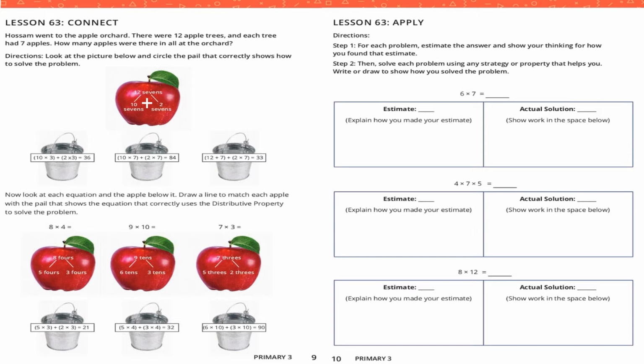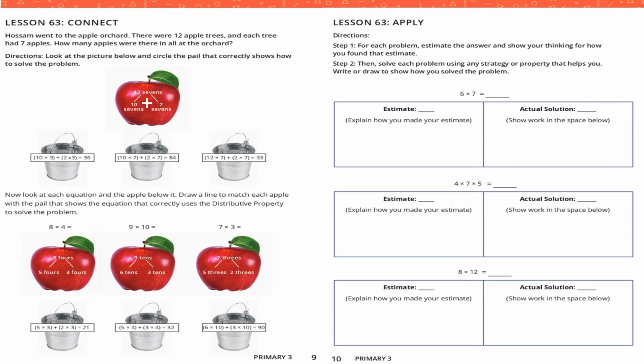We have here 12 apple trees. Each tree contains 7 apples. So let's match this apple to the correct pail.